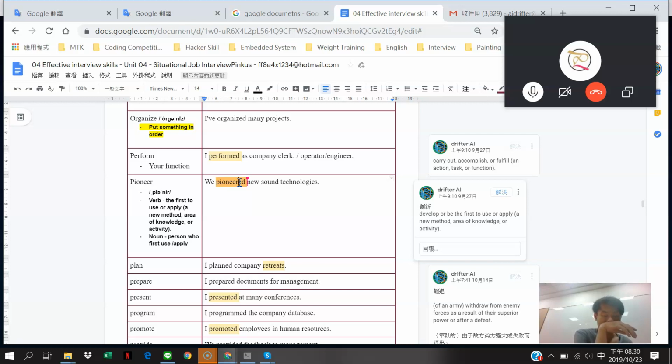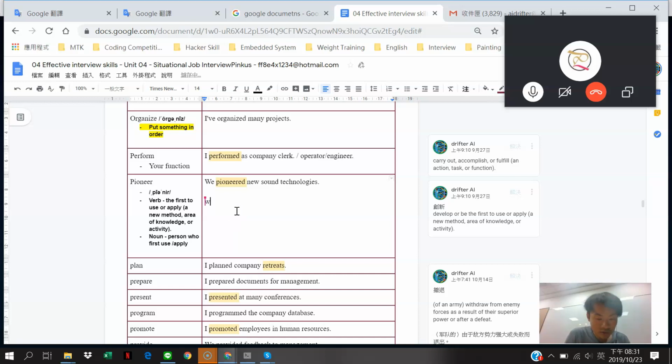So this one is a verb in the sentence. Would you like to try to make a sentence just like this one, but with pioneer as a noun, still the same sentence?